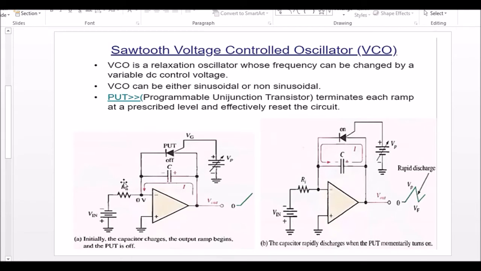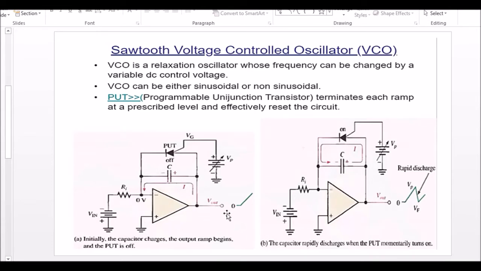So normally when a voltage is applied here and this is your integrator circuit, it will produce a triangular waveform as an output, right? And your capacitor would be charging in that specific scenario.